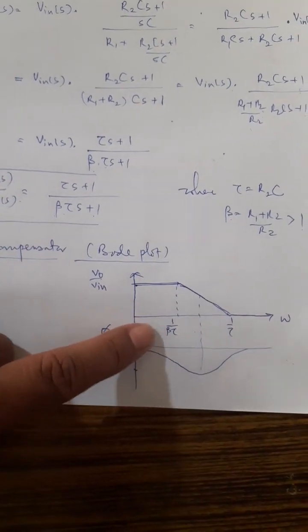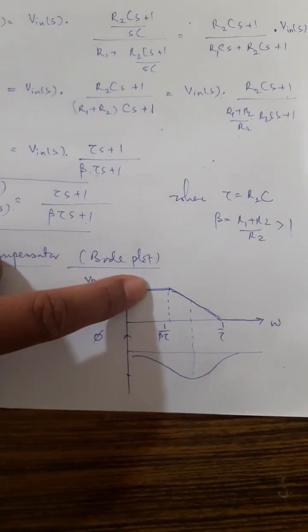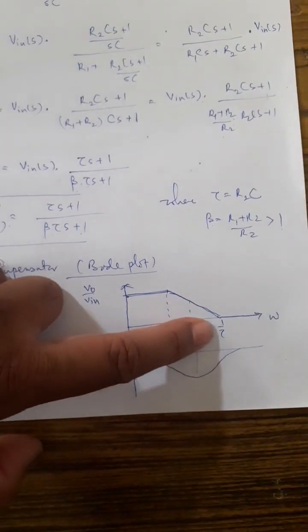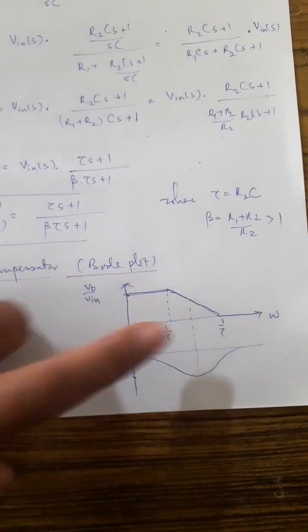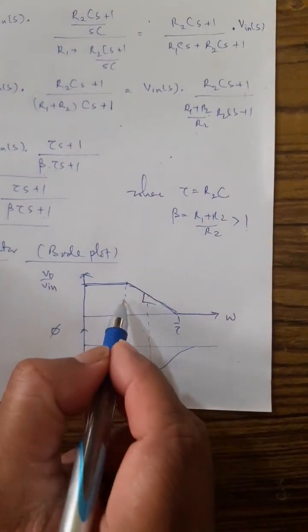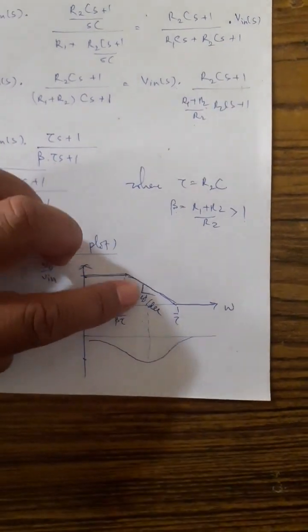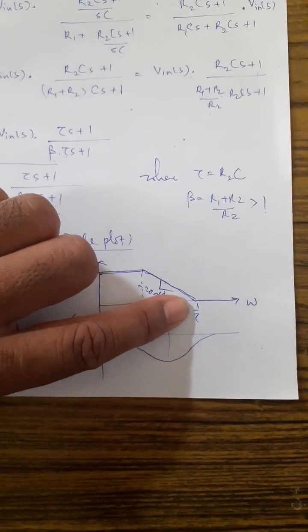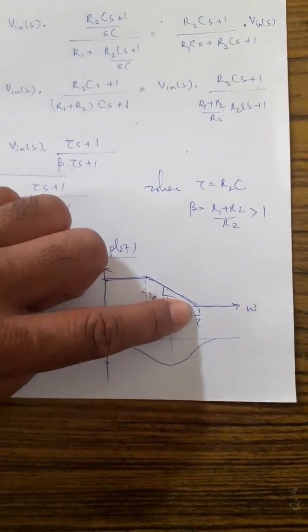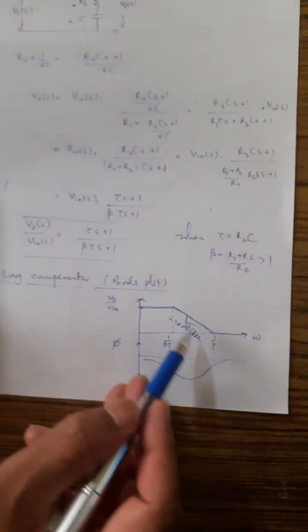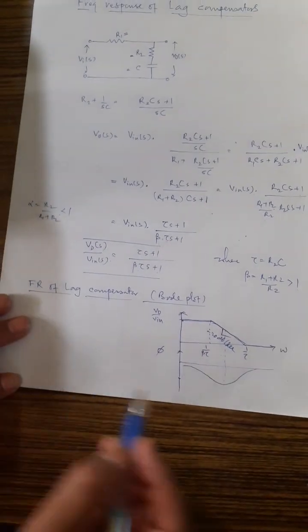Up to 1 over beta tau, the magnitude remains the same, and from that point onwards with respect to the frequency, it starts decreasing with a slope of minus 20 decibels per decade, and when it reaches 1 by tau, the higher cutoff frequency, again the magnitude remains constant. This is magnitude versus omega, that is frequency.